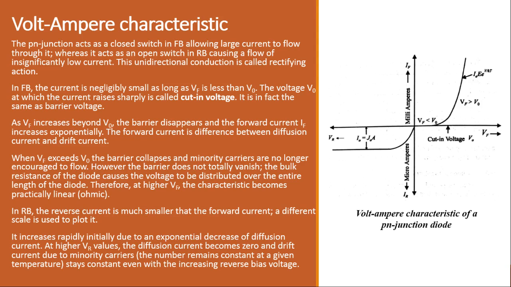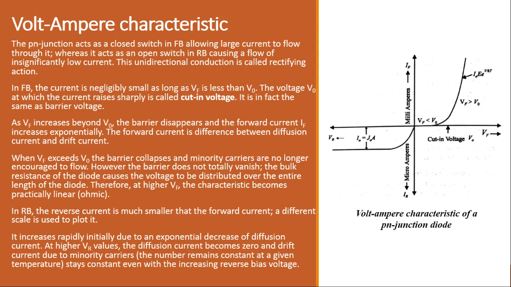In the reverse bias, the current first increases rapidly due to an exponential decrease of diffusion current with increasing reverse voltage. But at higher VR values, instead of Vf, now we are going to say the voltage as VR, that is the voltage in the reverse bias, the diffusion current drops almost to 0 and the reverse current becomes equal to the drift current due to minority charge carriers.